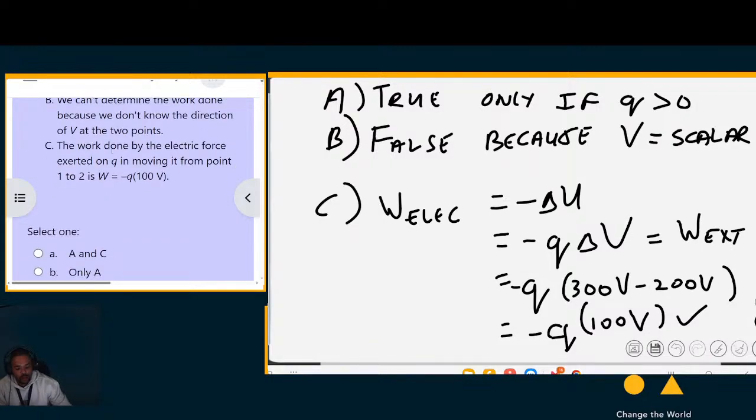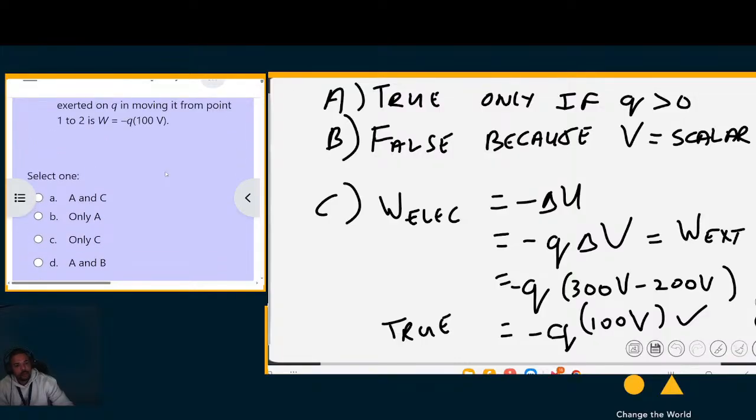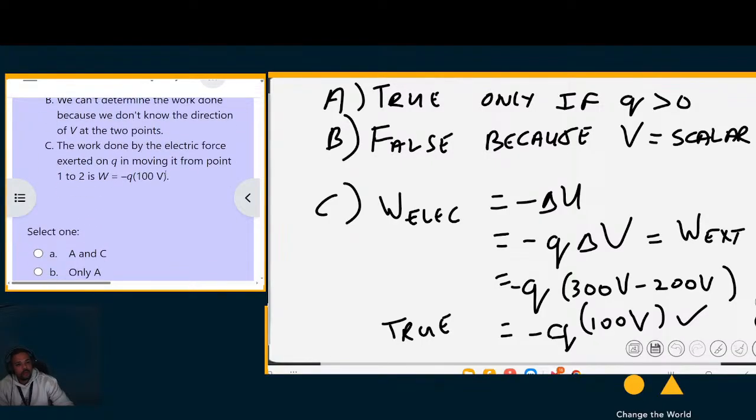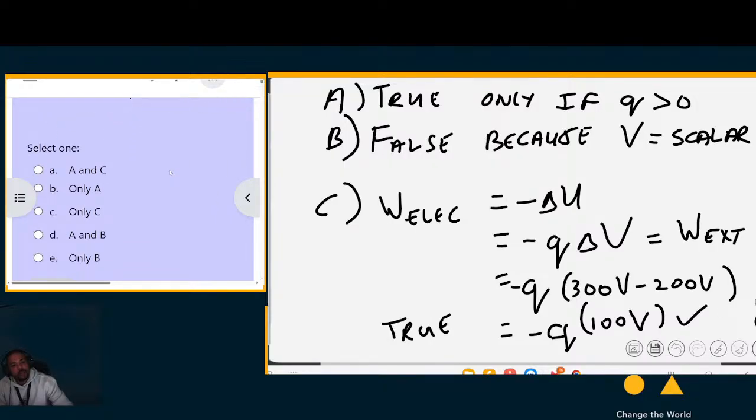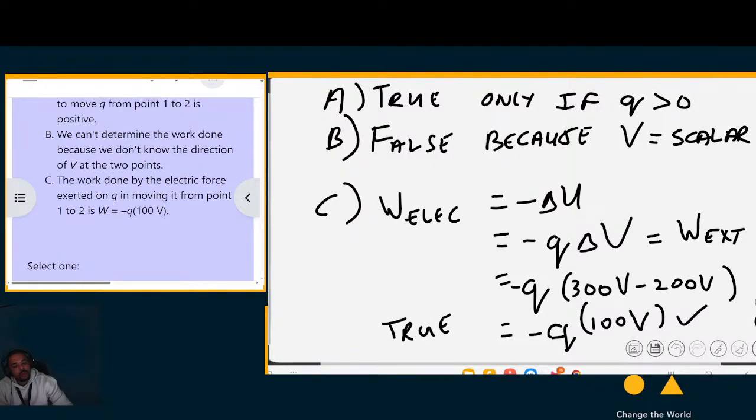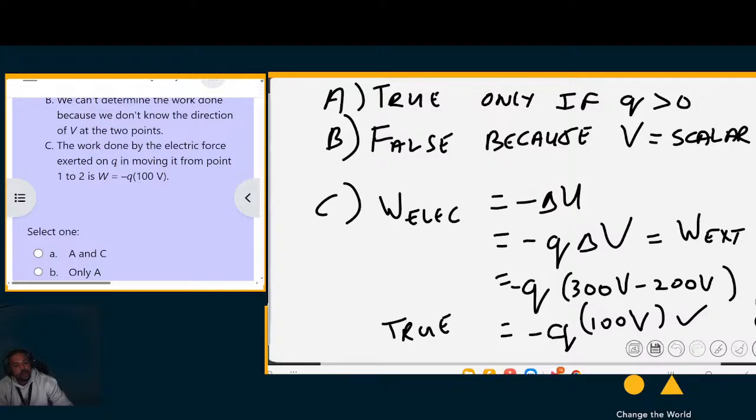Now we answer the question. So this is true. C is true. A and C can't both be true, because A is only true if Q is bigger than 0.